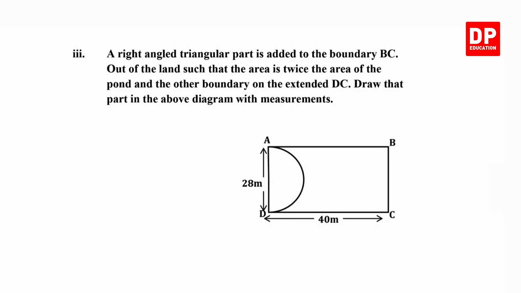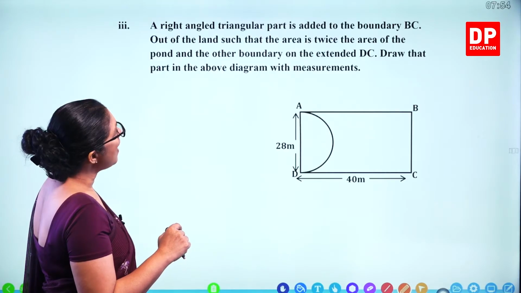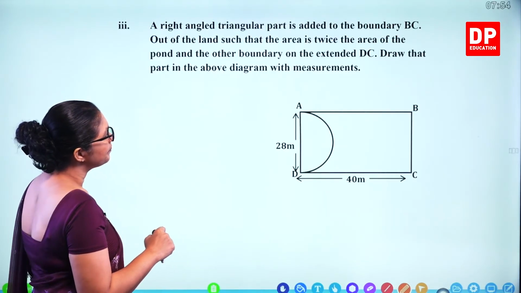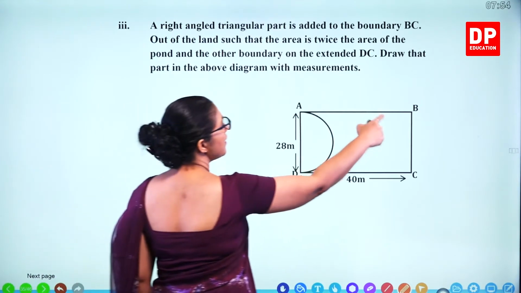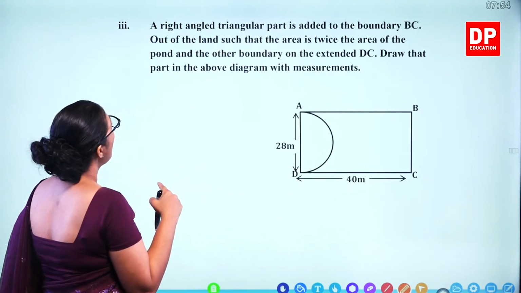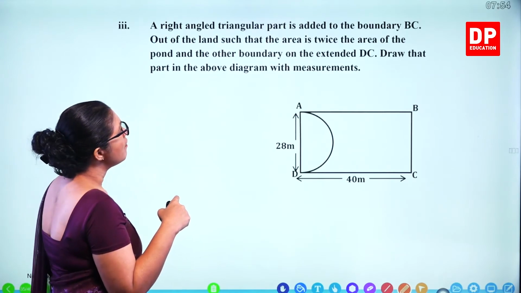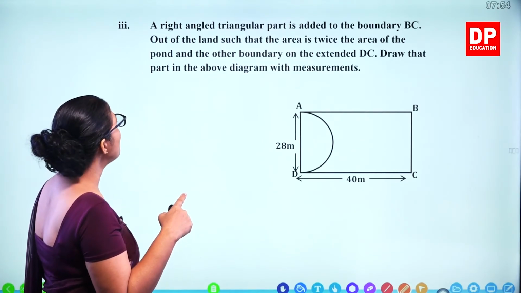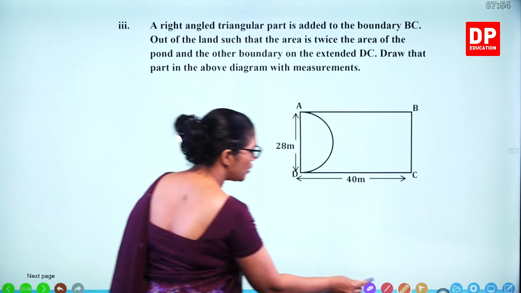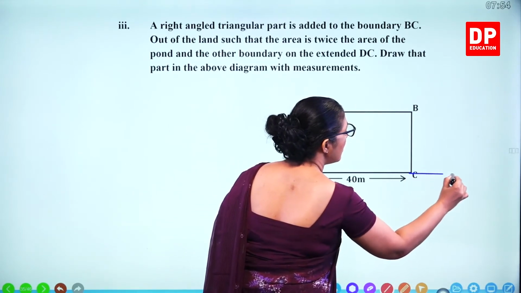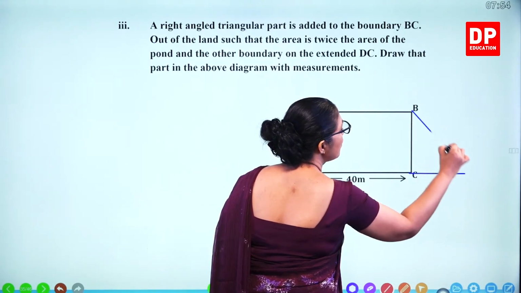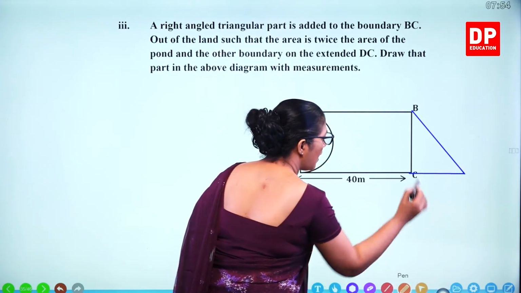A right angle triangular part is added to the boundary BC, to this side, out of the land such that the area is twice the area of the pond. So we need to add a right angled triangle part there.